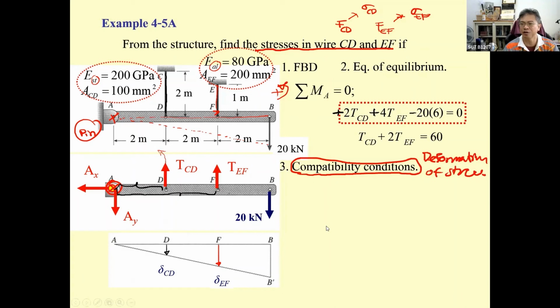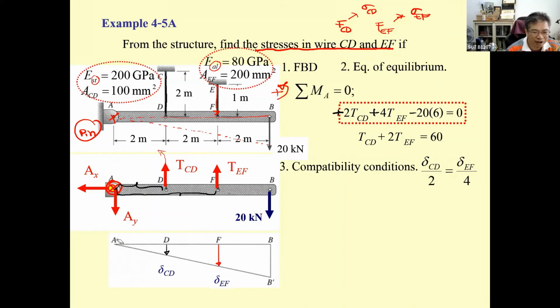By doing this, we use similar triangles. Considering the similar triangles, delta sub EF divided by this length, which is 4, is equal to delta sub CD divided by this, which is 2. So delta sub CD divided by 2 equals delta sub EF divided by 4.